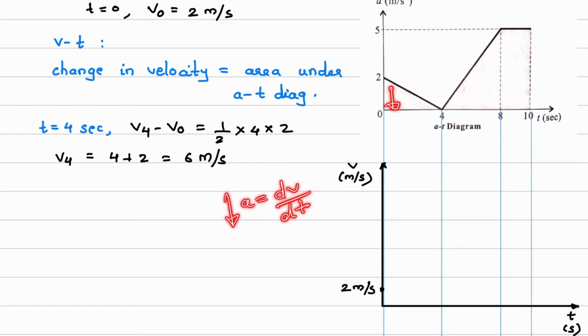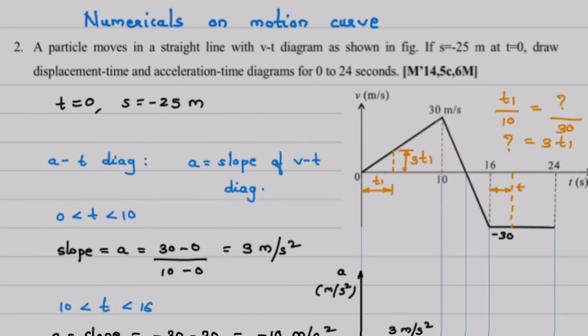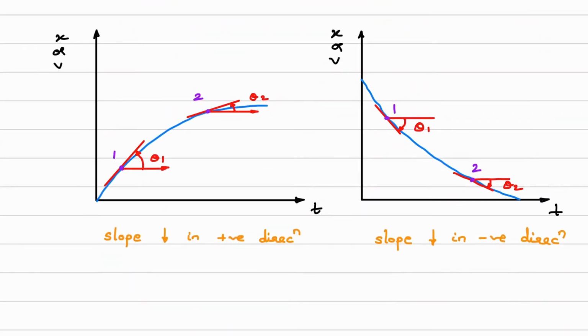So acceleration is decreasing, so this should decrease. dv by dt, it should decrease, and acceleration is positive, so slope should decrease in positive direction. So what is the curve which we had seen? Slope should decrease in positive direction. Okay, so it will be like this. So first curve, it will be like this. We'll draw that curve.